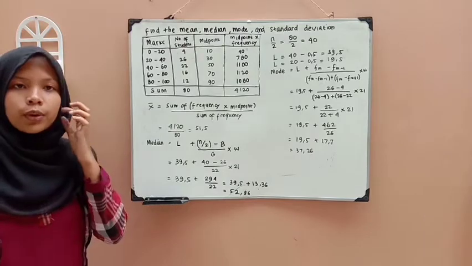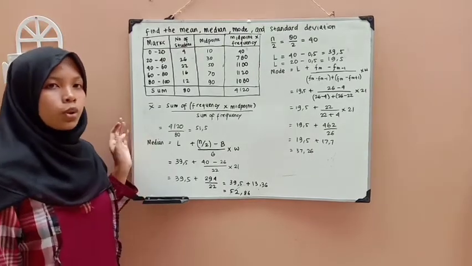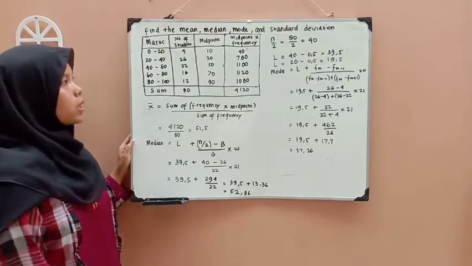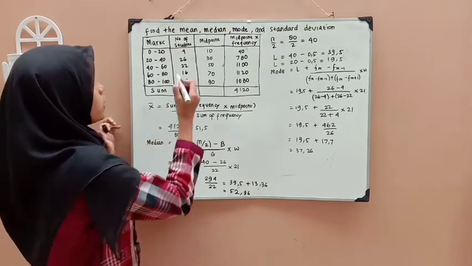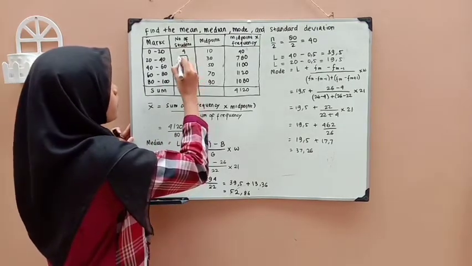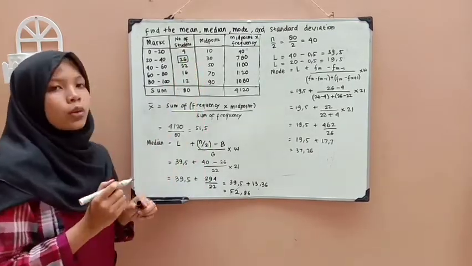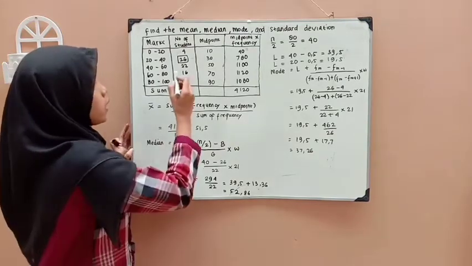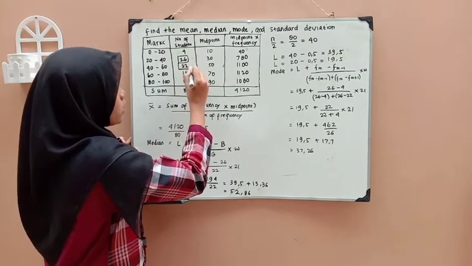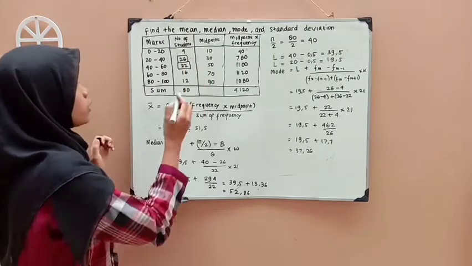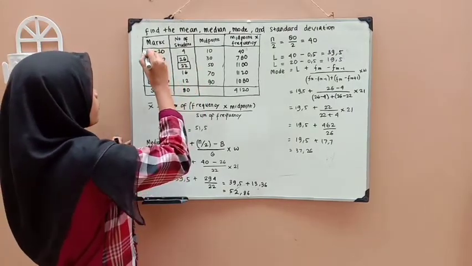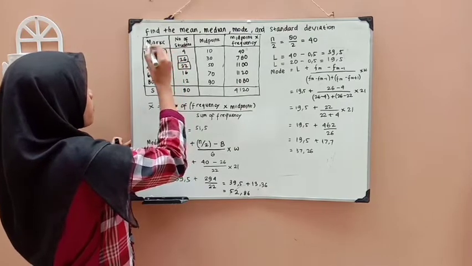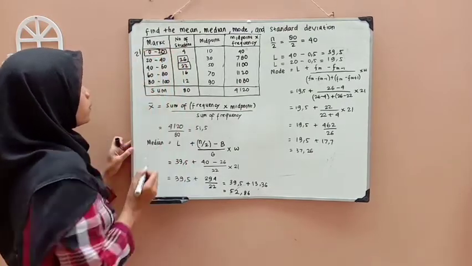The cumulative frequency of the group before the median group is 26. The frequency of the median group is 22 and the group width is 21.